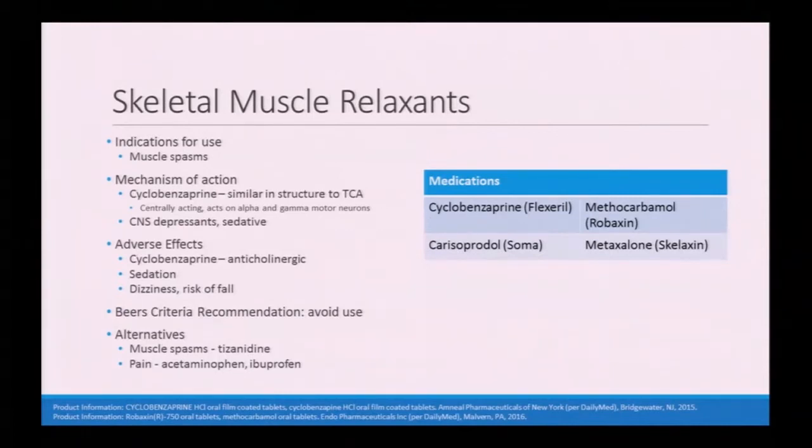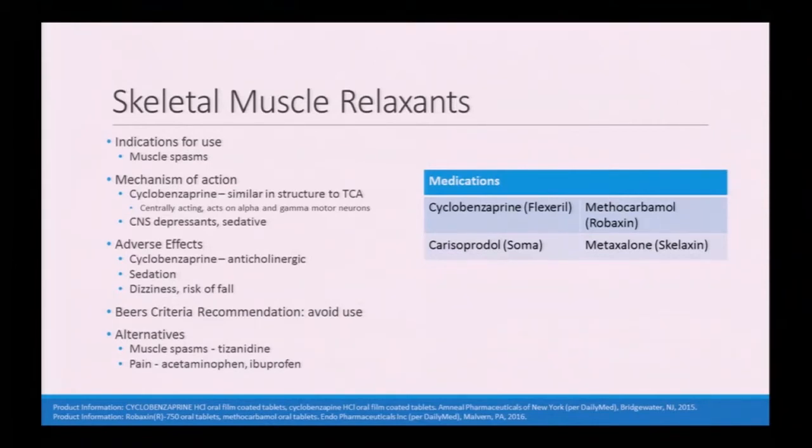For our skeletal muscle relaxants, they're typically utilized for muscle spasms. Of note, cyclobenzaprine is very similar in structure to tricyclic antidepressants, so it acts centrally and acts on alpha and gamma motor neurons. But overall, as a class, these medications act as CNS depressants and sedatives.